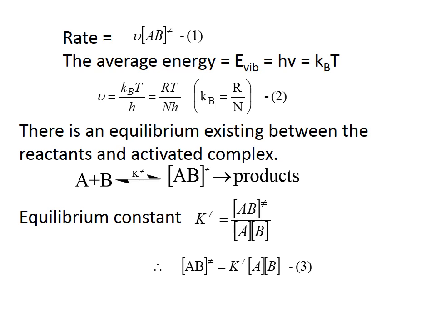Now let us consider the equilibrium between the reactants and the activated complex. A plus B reversible arrow AB double dagger, which will give the product. The equilibrium constant K double dagger equals the concentration of AB double dagger divided by the concentration of A times the concentration of B. From this equation, you calculate the concentration of the activated complex: AB double dagger equals K double dagger times concentration of A and concentration of B, and it should be substituted in equation 1.